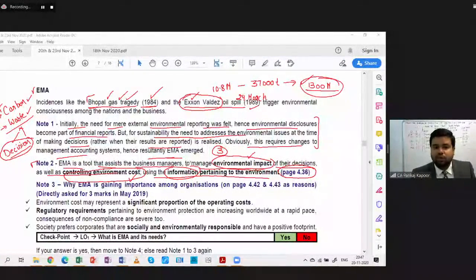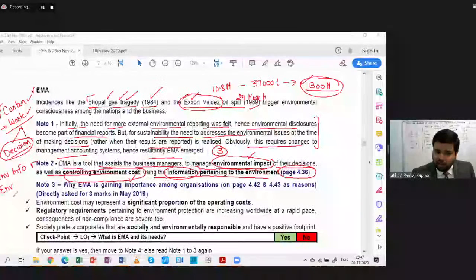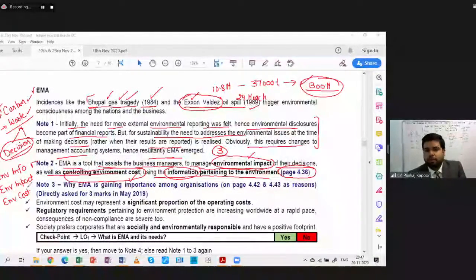So there are three things. What are the three things? I'm going to write it for you. We are going to use environment information so that we take the decision which has least impact upon the environment, as well as apart from having the least impact, the environment cost must also be less.